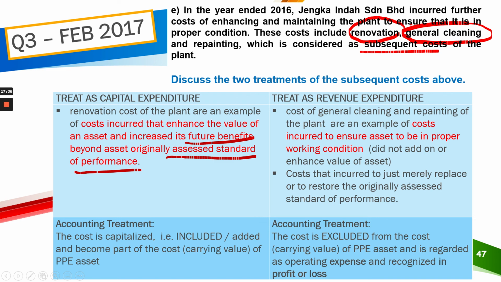The cost is incurred merely to replace or restore the originally assessed standard of performance, not to increase the standard beyond it. So for the cost of general cleaning and repainting, you treat it as revenue expenditure, which means you exclude it from the initial cost. You treat it as an expense, shown in profit or loss. It will not be capitalized.